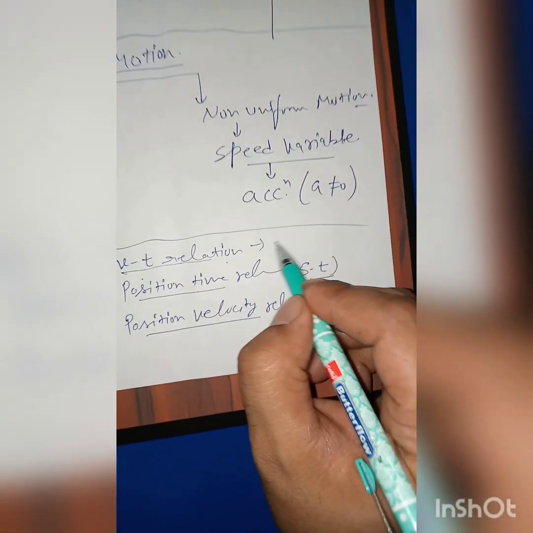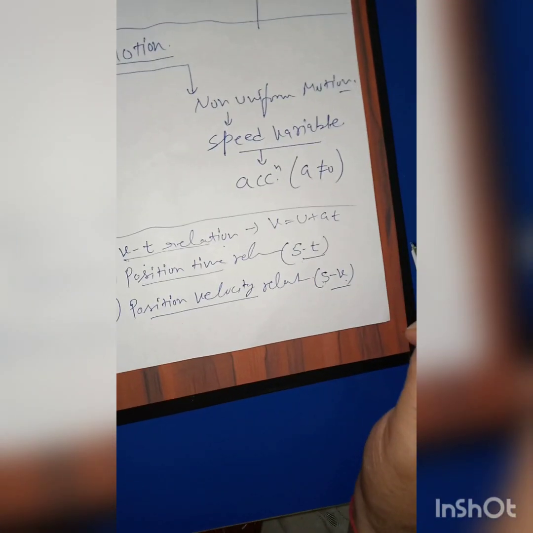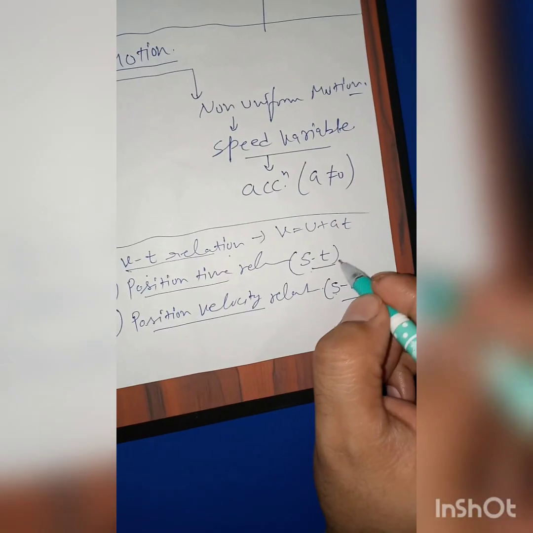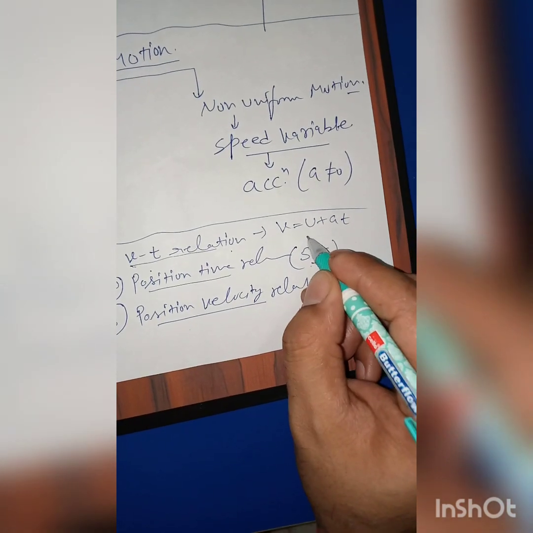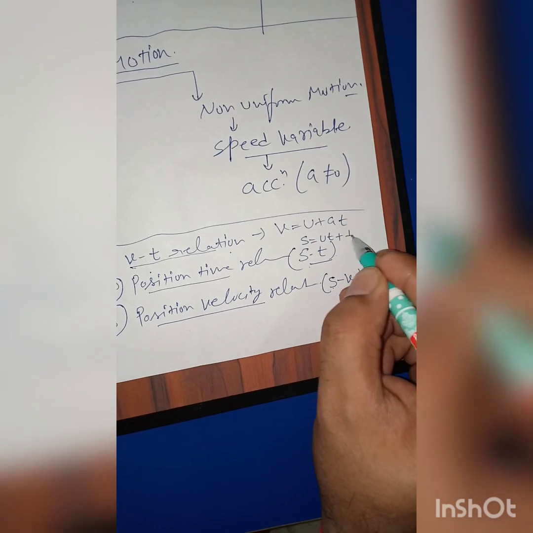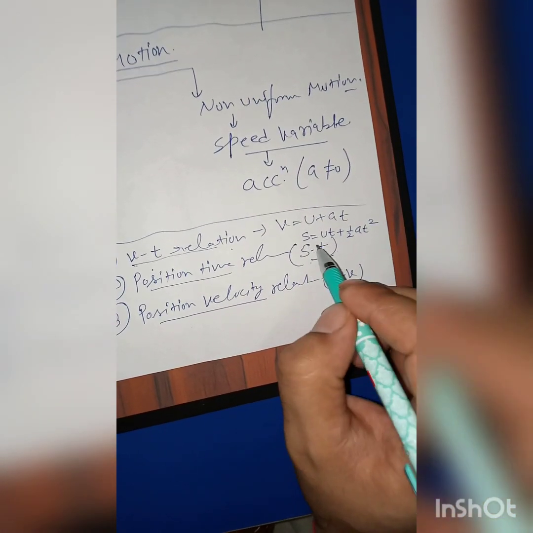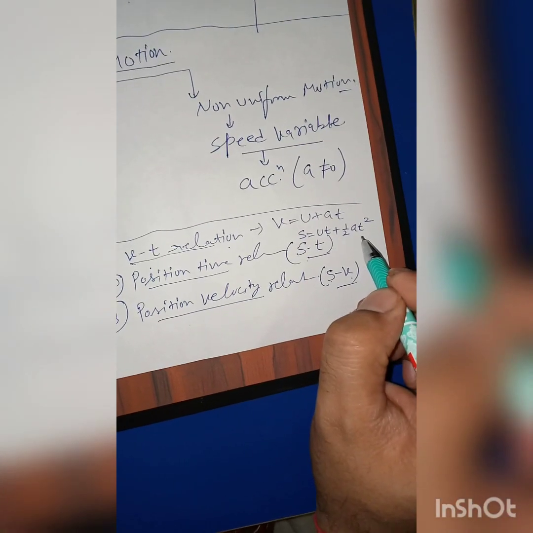VT relation is v = u + at. ST relation is s = ut + half at squared.